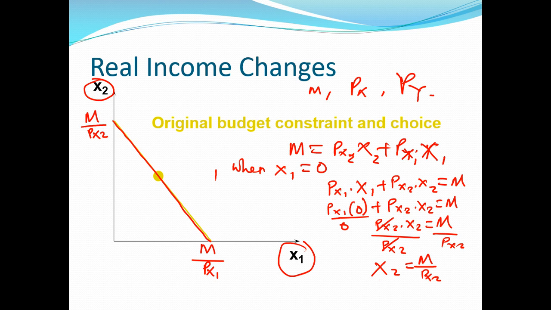But among those bundles, there should be only one bundle where the slope of the indifference curve is exactly equal to the slope of the budget line.